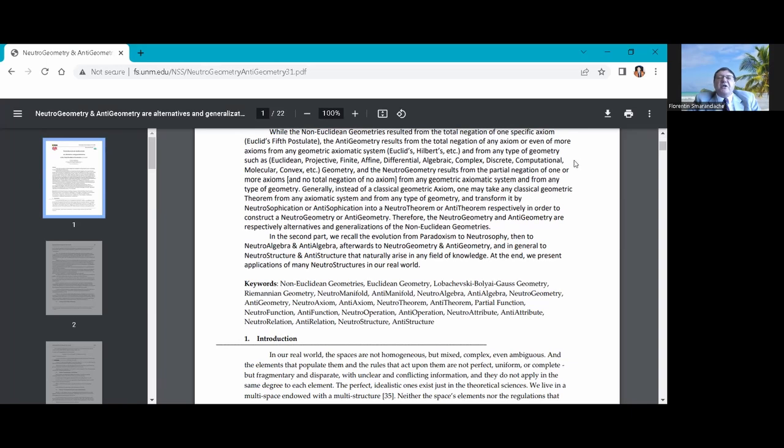And anti-geometry and neutrosophic geometry apply to all kinds of geometries. We have Euclidean geometry, projective geometry, finite geometry, affine geometry, differential geometry, algebraic geometry, complex geometry, discrete geometry, computational geometry, molecular geometry, and so on.